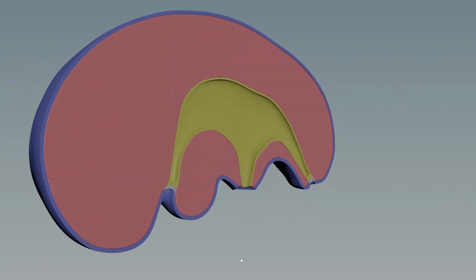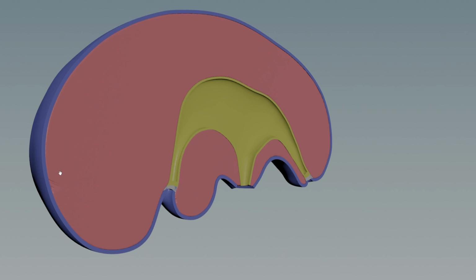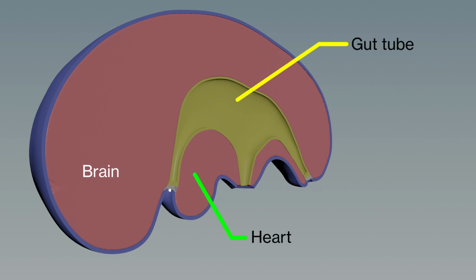And returning to our sagittal cut in the developing head region, this is where the brain will develop. You'll have the spinal cord extending down. This region of mesoderm here is where our heart will be developing. And our gut tube now connects the oropharyngeal membrane with the cloacal membrane.